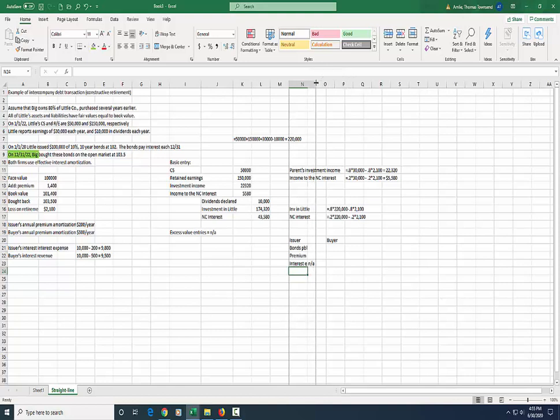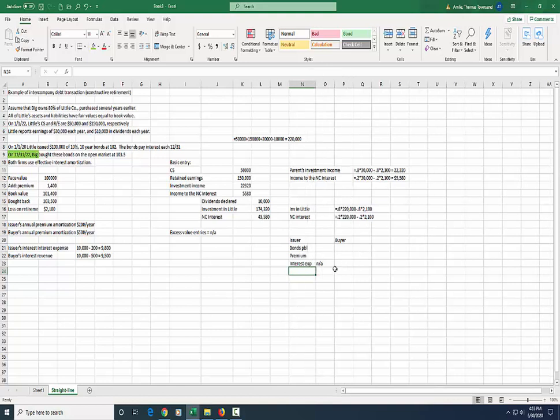Again, what we're trying to say is these bonds have been retired at the end of the year. Since they were retired at the end of the year, that wouldn't have any effect on the 2022 interest expense or interest revenue. So what does the issuer have at the end of the year? They've got bonds payable of $100,000. And this is where you need to be real careful.